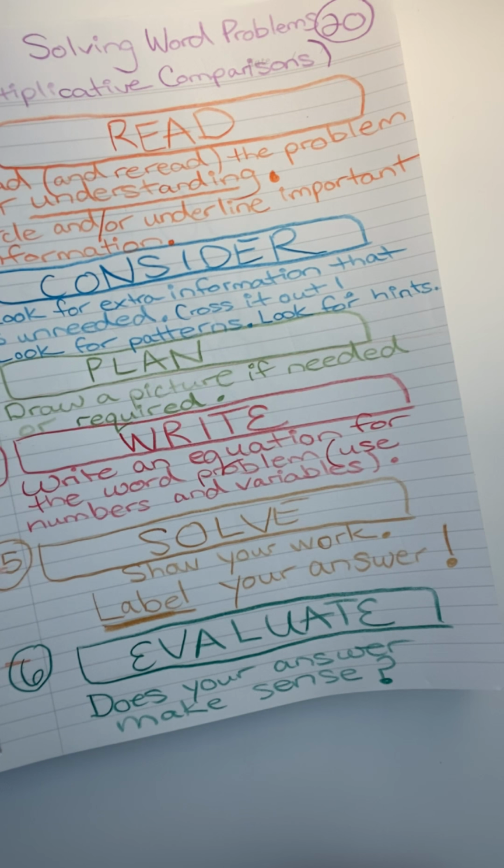So if Soraya ran 4 laps, it wouldn't make sense if we said that Sunny ran 2 laps. So we need to make sure that our answer makes sense. That's a very, very simple example, but every time when you finish a problem, you should go back and read the word problem and then ask yourself, does my answer make sense? Is my answer answering the question that is being asked of me?